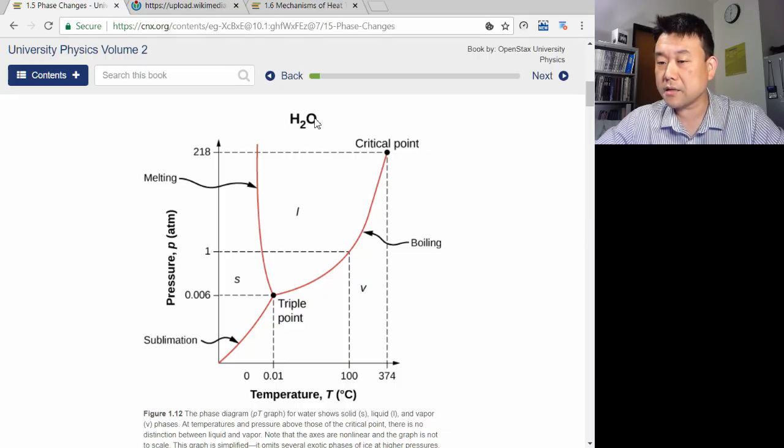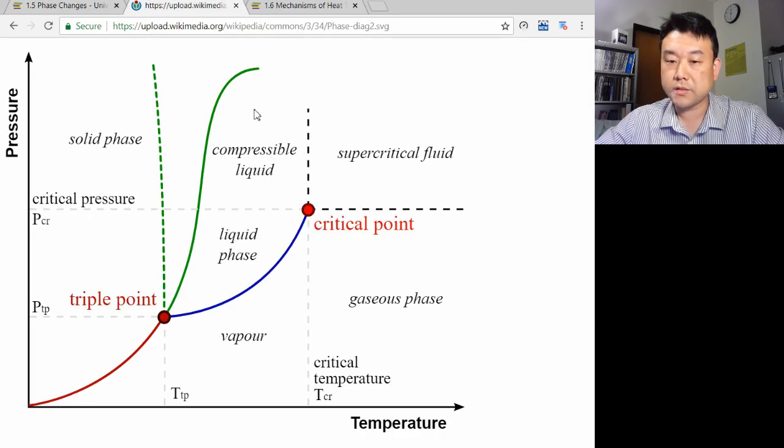And this is the phase diagram for water. This is a sort of a general phase diagram for some substance that shows the same idea. The hotter the material, the more likely it is to be in liquid or gas phase. And the higher the applied pressure, the more likely it is to be in liquid phase, and possibly in the solid phase if it's in the right temperature zone.